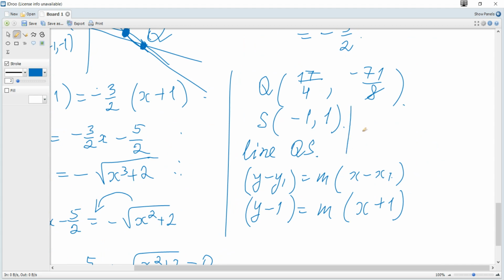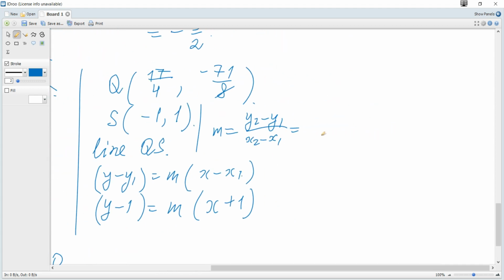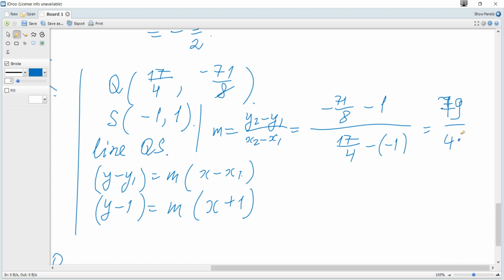To find the gradient, rise over run: y2 minus y1, x2 minus x1, so it becomes -71 over 8 minus 1, and for x, 17 over 4 minus -1, and it should be 79 over 42.